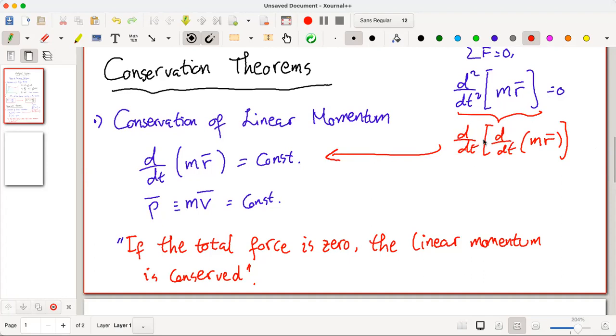If I integrate this one time, I get d/dt of m times r is constant. Now I can put this d/dt inside, and I can put m outside since m is constant. So I have m times d/dt of r. Now, dr/dt is just v. Okay, sir, I got it. Is it clear? Yes, sir.